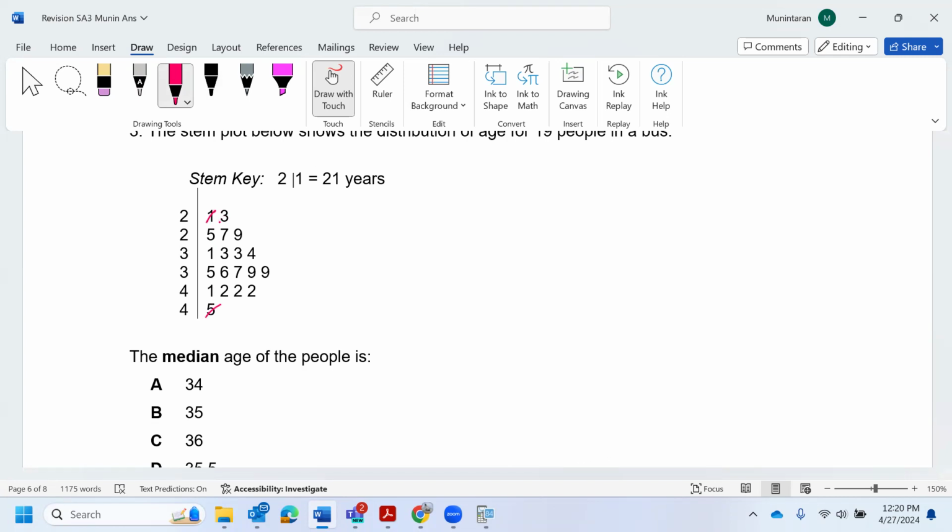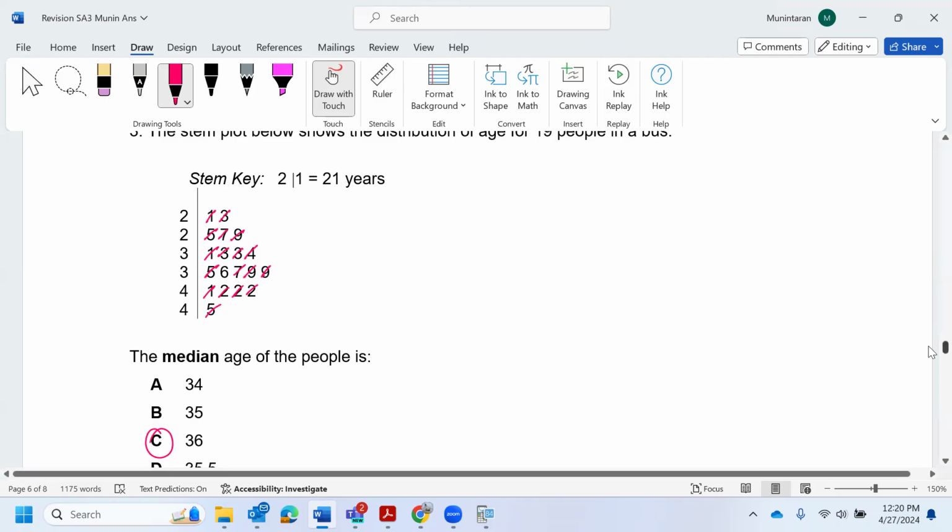The second one, you must cancel the 2 here. Then cancel the 5, the 2, the 7, the 2, 9, 1. This side is 1, cancel the 9, 3, 9, 3, 7, 4, 5. So left is 36.